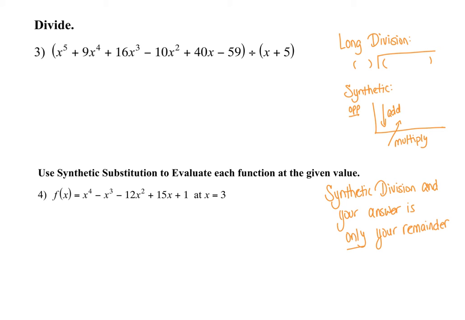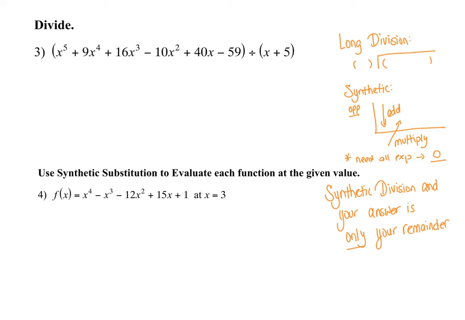A couple of things I do want to note on both of these types of questions is you have to have every exponent. So just keep in mind that you need every exponent from the highest to the lowest that you start with. And if you don't have one, put a 0 in as a placeholder.